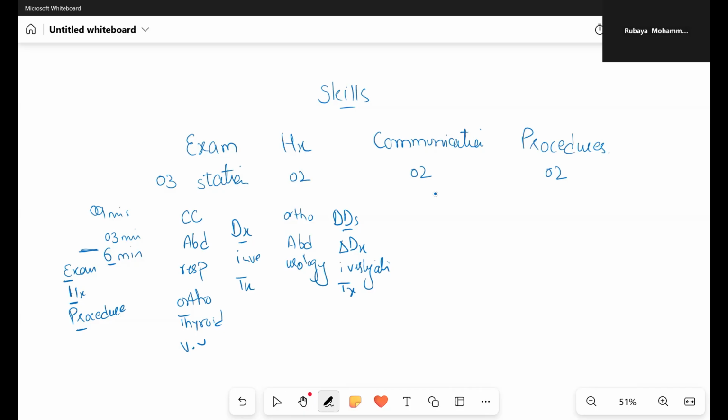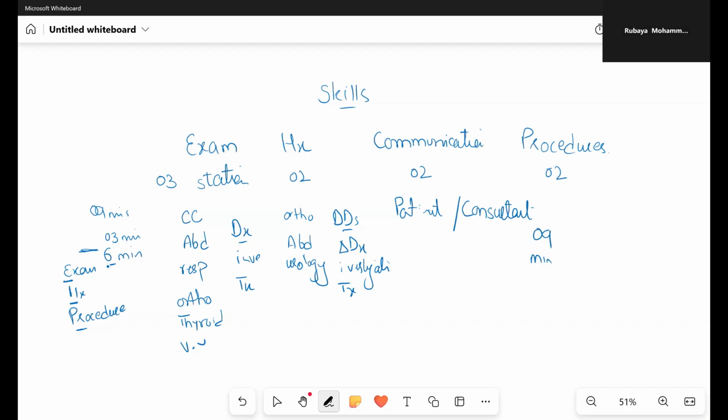In communication, one station will be with the patient or relative, and the second will be with the consultant. These communication stations also comprise 9 minutes.